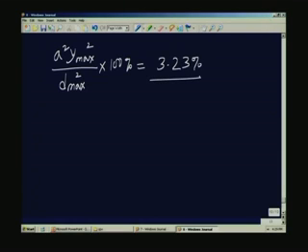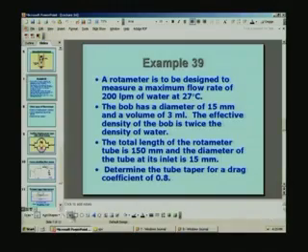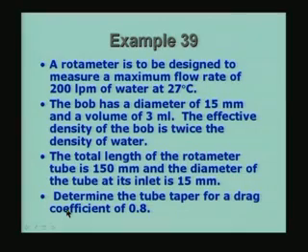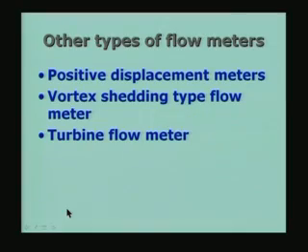So the nonlinearity in the instrument is about 3%, which may be quite small for most applications we may have in mind. So with this we come to the end of the discussion on a rotameter, and let us look at some other types of flow meters.